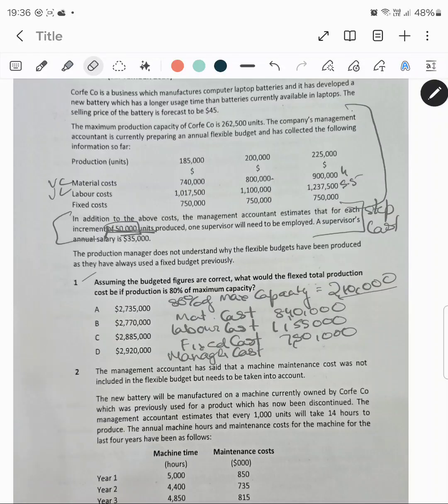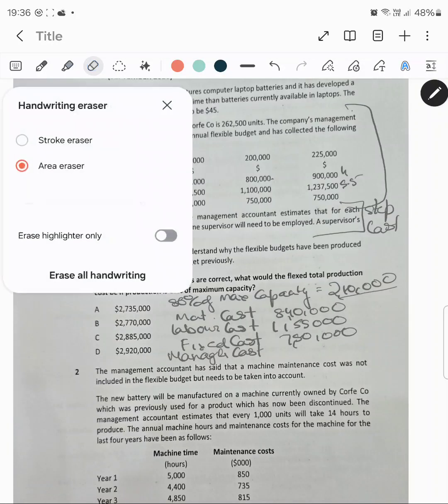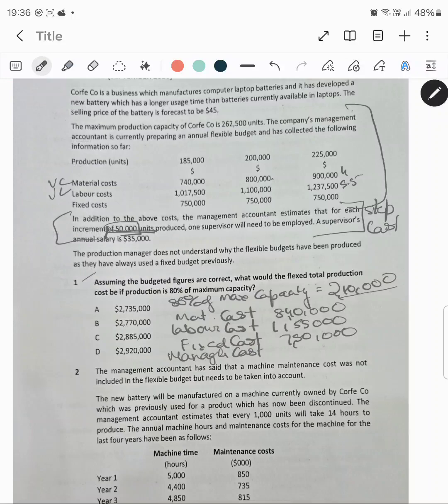So I will consider this as 5 into 35,000, and it will give me 1,75,000. Now let me just add. Let's see. I hope I've done everything correctly. Yeah, so it's giving me 2,92,000, which is D.